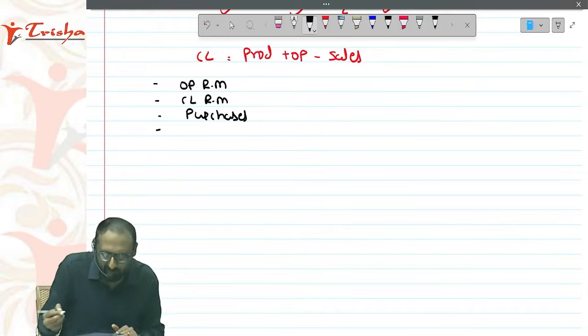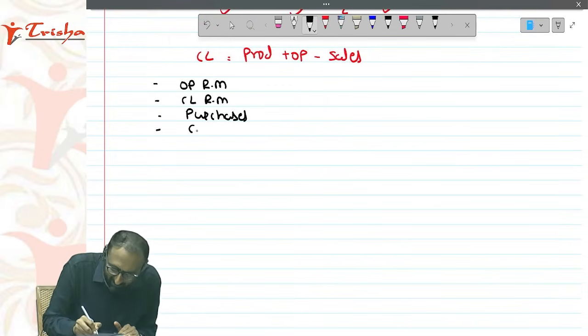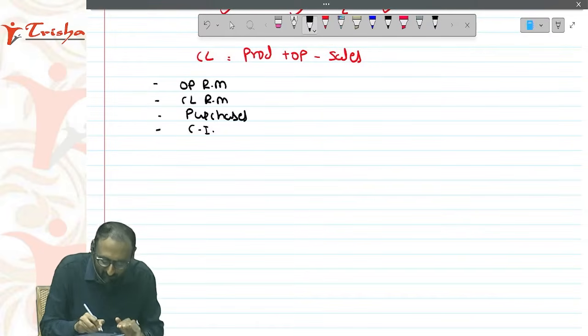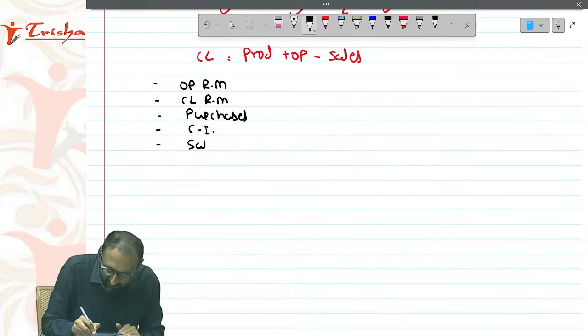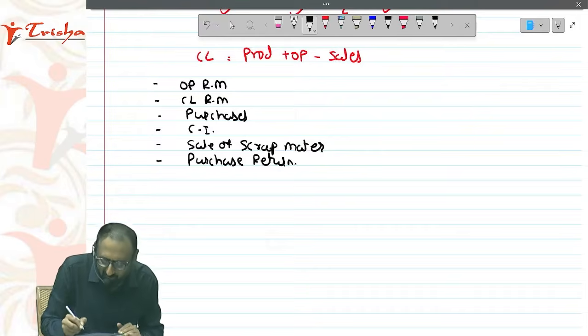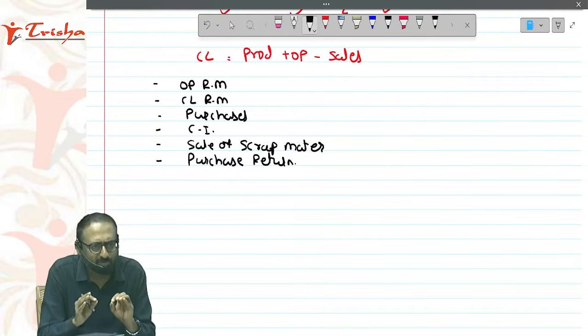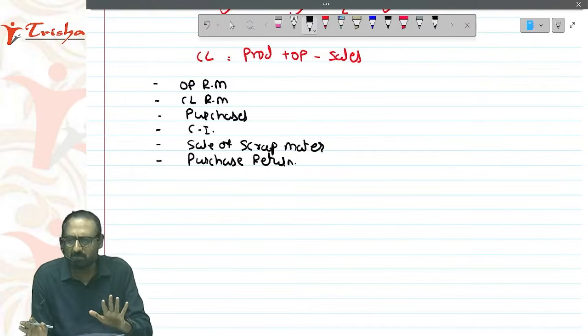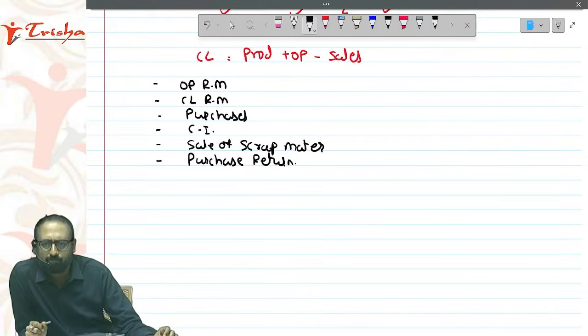Then carriage inward, the transportation cost of incoming material. Then sale of scrap material, and purchase return. These are the maximum possible adjustments in material consumption. Till now only these adjustments have been asked by our institute.